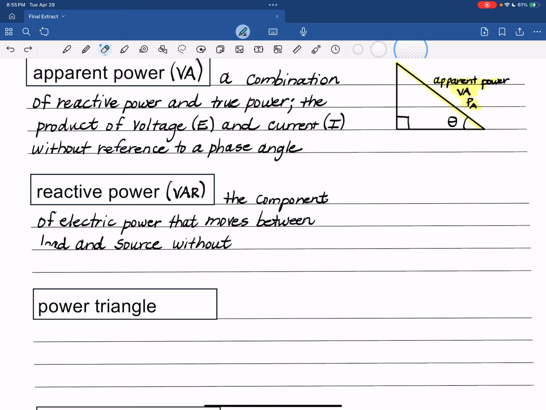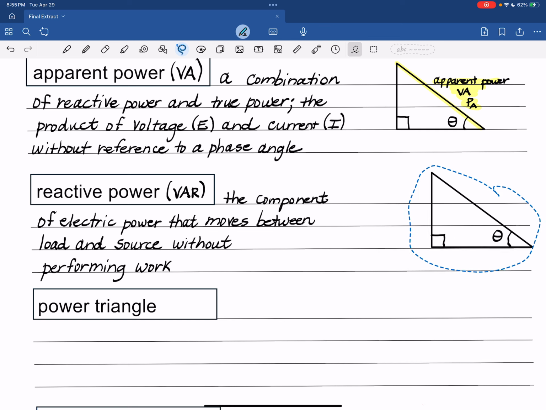And again, as you get into your study of electricity, you will get to know these much better. I am just showing you the math behind this, but you have to understand these terms to be able to solve the math problems. So if you draw yourself a right triangle and you put in the right angle and theta, you will find VAR on the opposite leg.